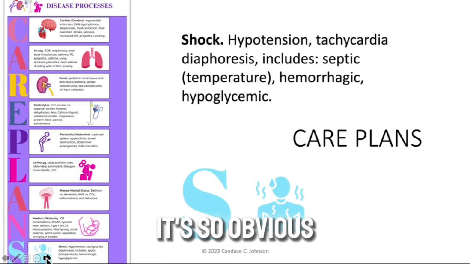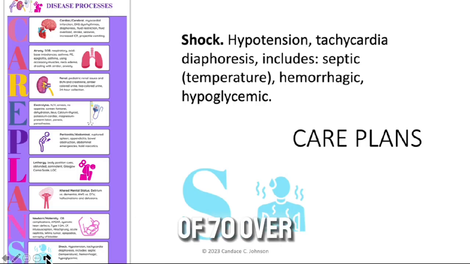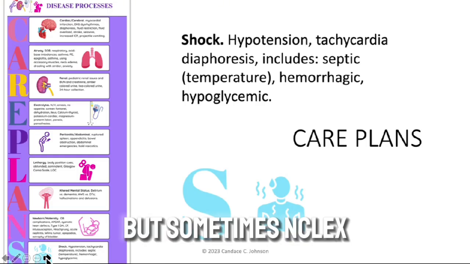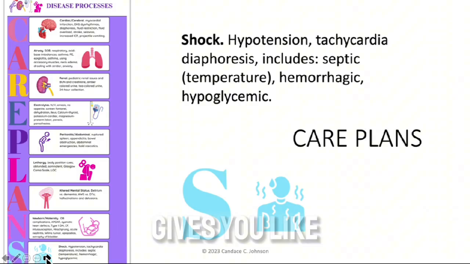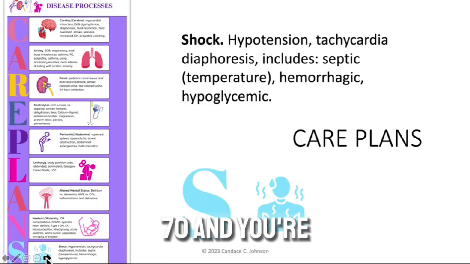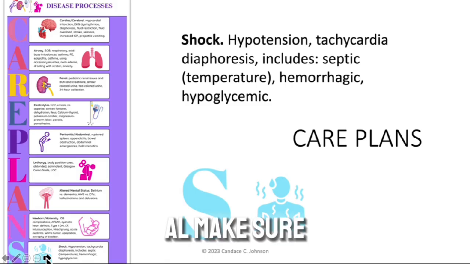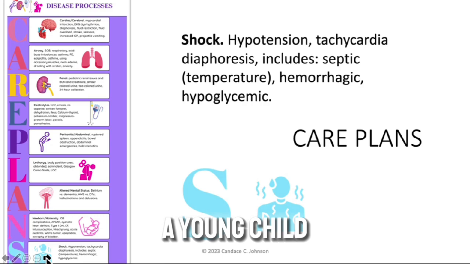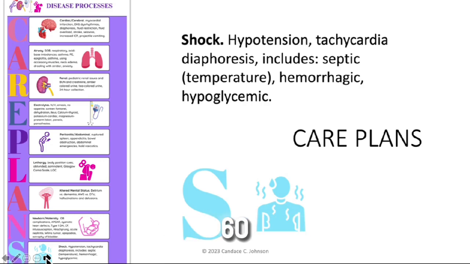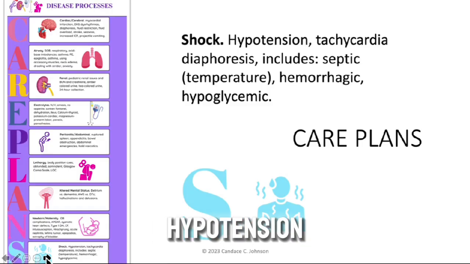It's so obvious if you had a blood pressure of 70 or something that the patient's hypotensive, but sometimes NCLEX gives you like a 95 over 70, and you're like, is that okay? Make sure you know your normal ranges for an adult. Make sure you're not working with a young child or a teenager. And if you see 90s over 60s, 70s, consider it hypotension. Okay.